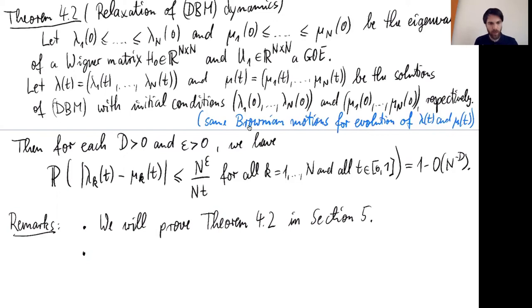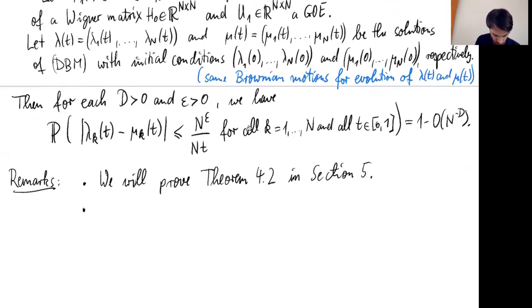And yeah, then the other thing I said is that since initially you started from a GOE, and then if you use the flow that we used, you can see by the uniqueness statements that the mu t are also eigenvalues of a GOE matrix. So I want to formulate it as follows. You need two inputs there.